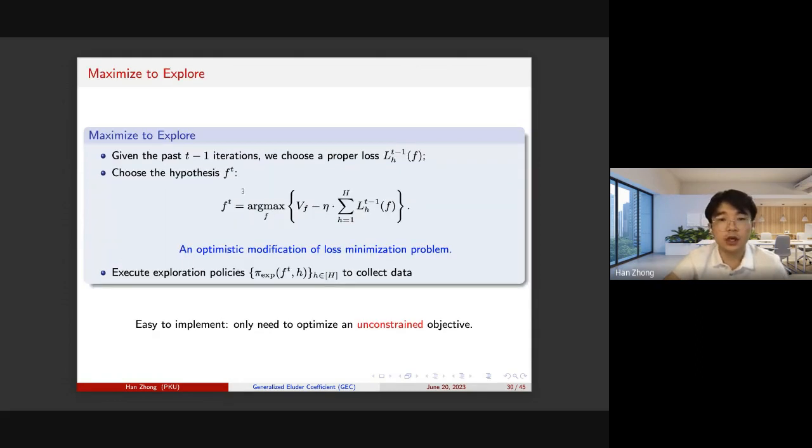So our algorithm can be implemented. If H is all possible hypotheses, then this can be regarded as an unconstrained problem. I see. Yeah.